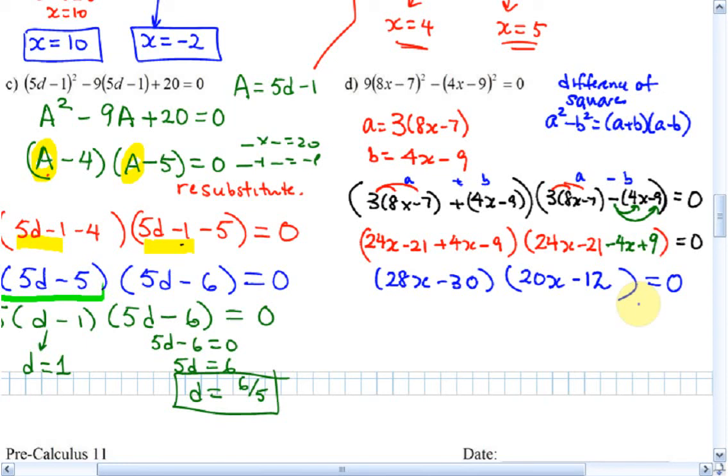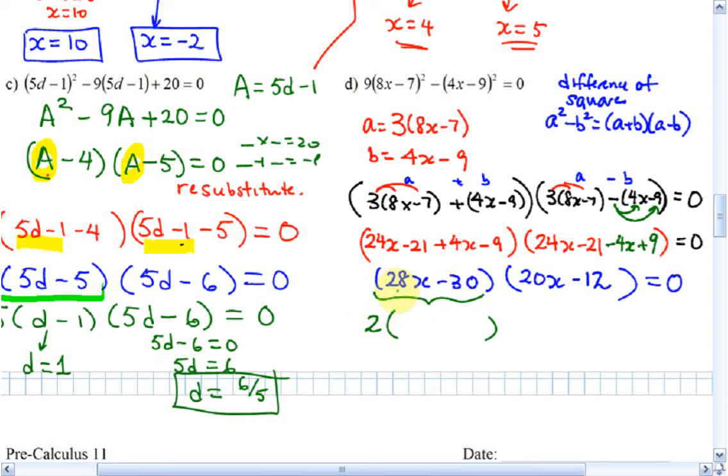Now, ladies and gentlemen, this is still not in fully factored form. There's more factoring you can do. Can you spot where you can take out more stuff? If you look at the first bracket here, what's the common factor between 28 and 30? 2. Yes. So let's factor out the 2.